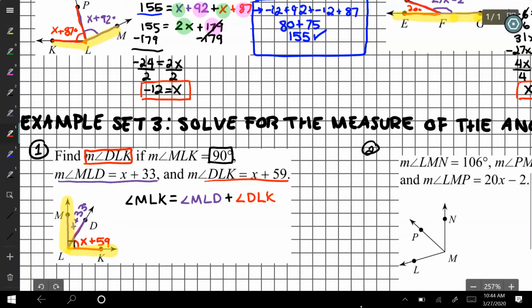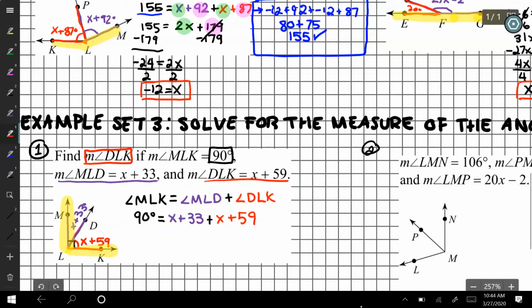So MLK is 90 degrees. It's going to write that 90 equals angle MLD is represented by x plus 33. We're going to add that to the expression for DLK, which is x plus 59. Alright, and we have everything that we need to set up our problem.